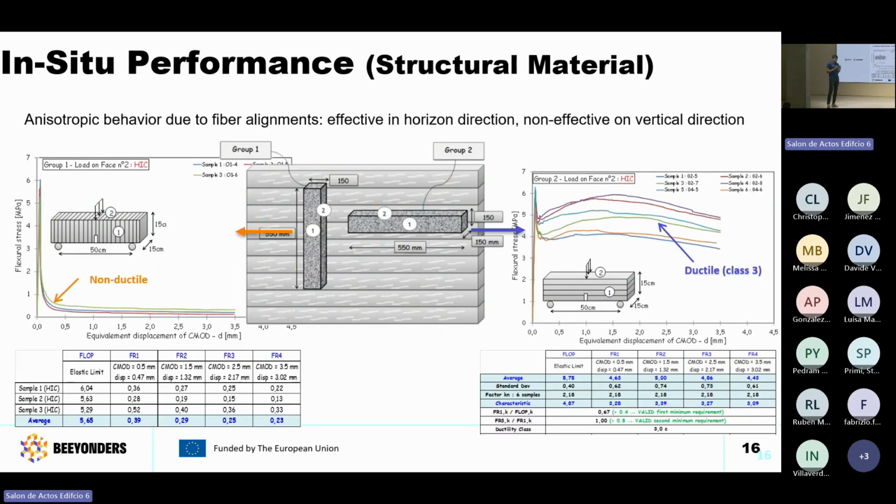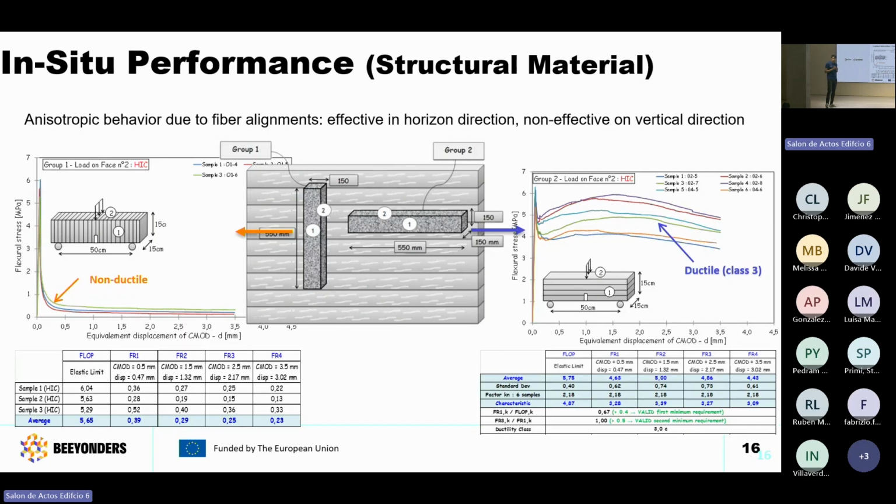And the next task was to compare the samples extracted from different orientations of this 3D printed structure. We compared, on the left, the samples cut vertically from the 3D printed wall with those cut horizontally, and we found that the material is anisotropic.